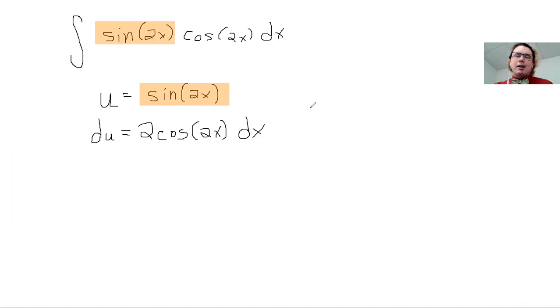I'm going to take my equation, du equals 2 cosine of 2x dx. I'll divide both sides by 2. That's it. So if this equation is true, then it's also true that half of a du is equal to cosine of 2x, all dx.